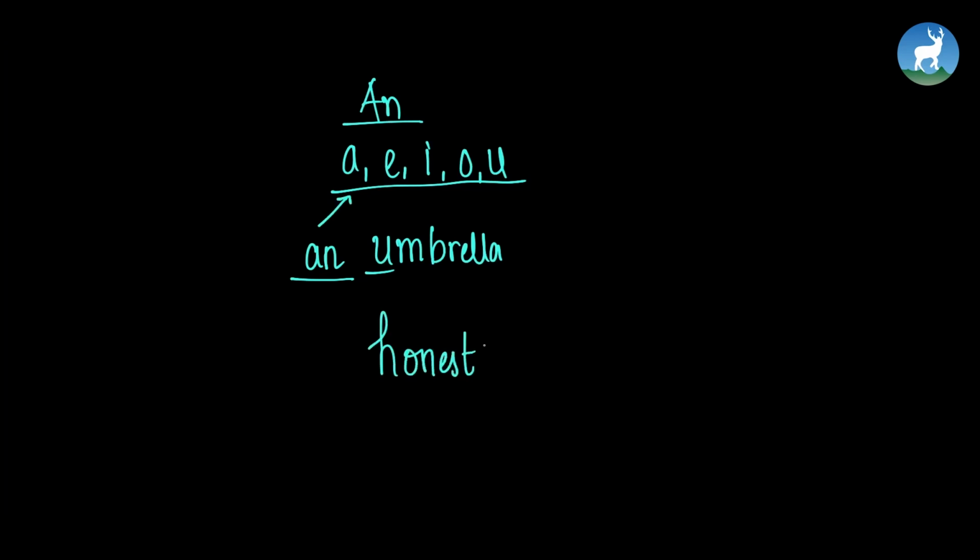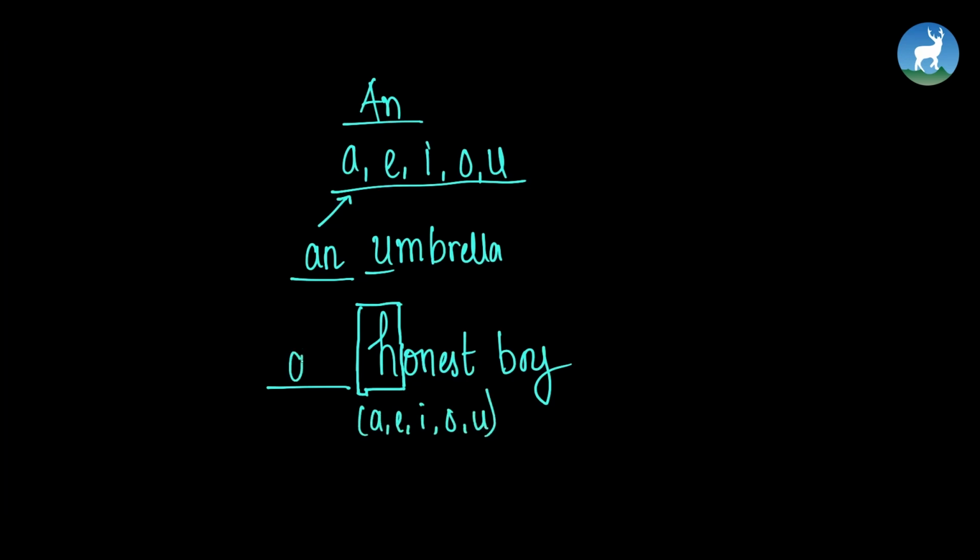Likewise, if I have to say honest boy, what is the first sound we create when we say honest? Here, though the letter is a consonant letter, its sound with this word is a vowel sound. So whenever the first sound of the word is within the vowel sound, then we automatically use an before the word. It's an honest boy, because the first sound of honest is a vowel sound.